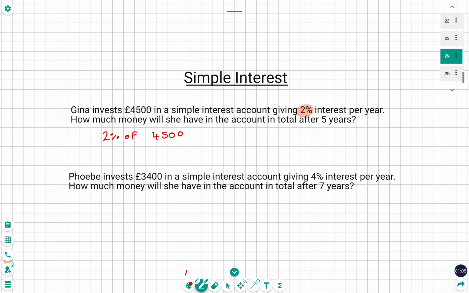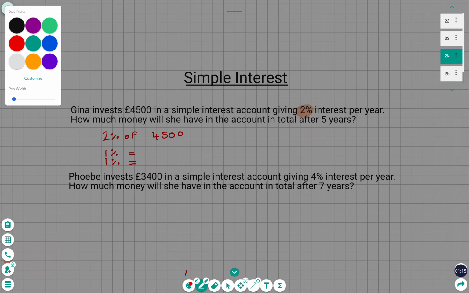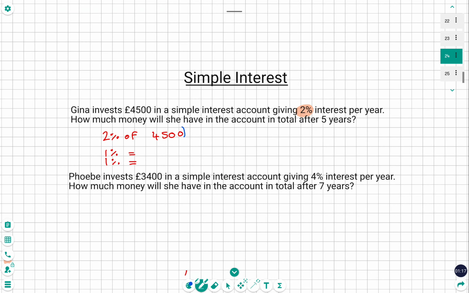Without a calculator, I'm going to find out 1%. 1% is going to be divided by 100, remember? So if I divide this by 100, it goes back 2 places, so that's 45. So 2% therefore is going to be, in total, £90.